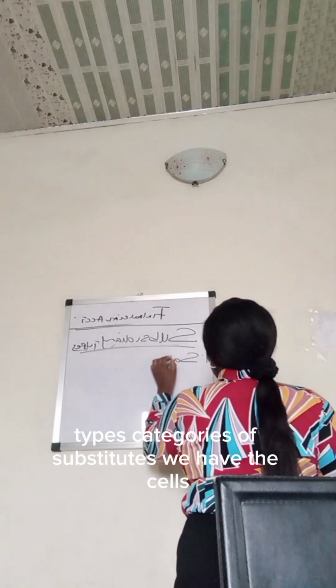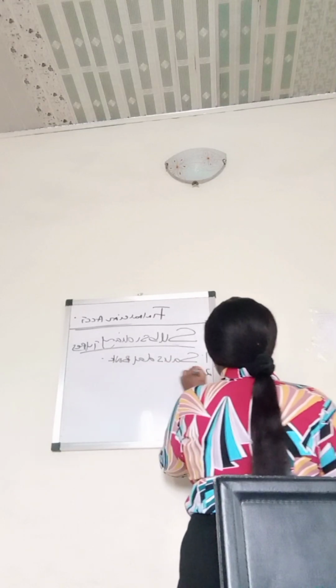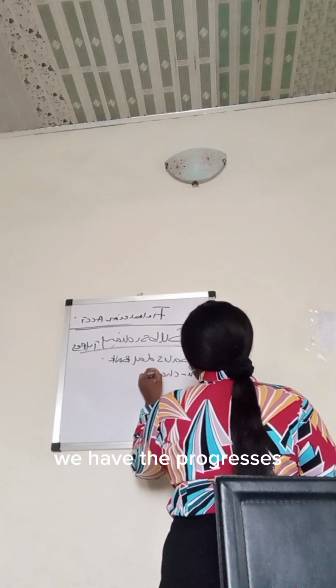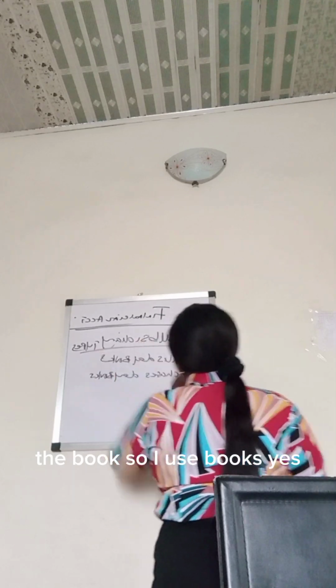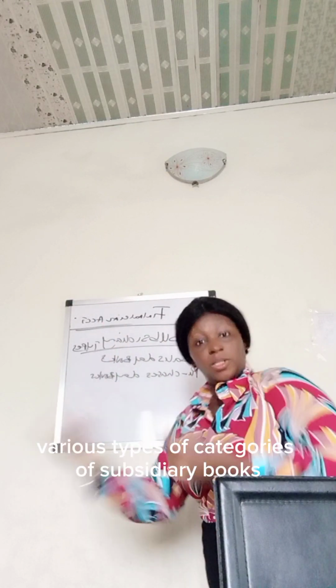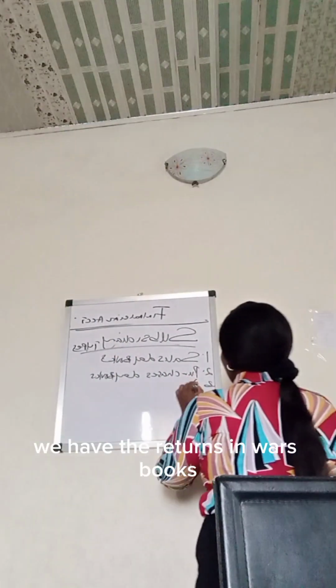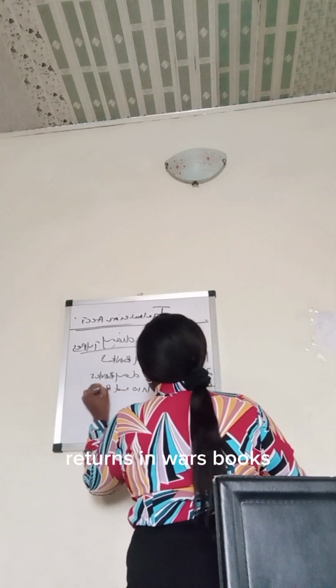We have the sales day book. We have the purchases day book. These are the various types or categories of subsidiary books. We have the returns inwards book, and of course the returns outwards book.